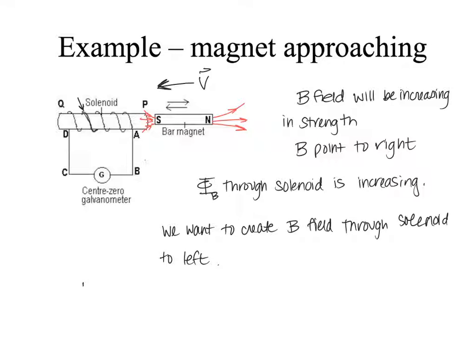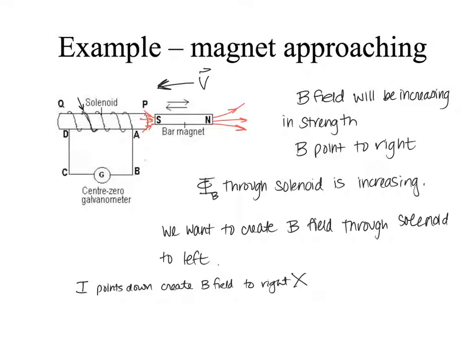So if I do a current that points down, it will create a magnetic field to the right. And that's not what I want.